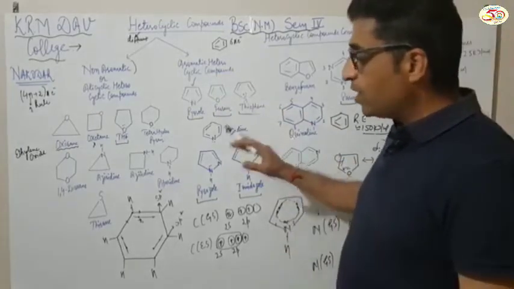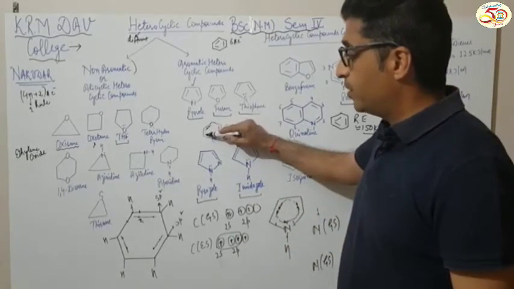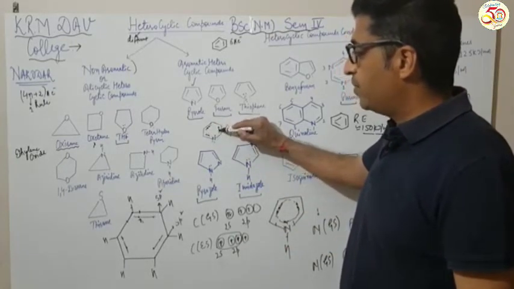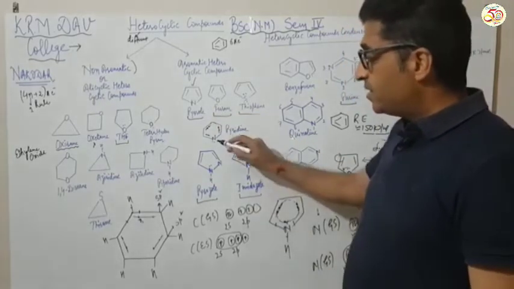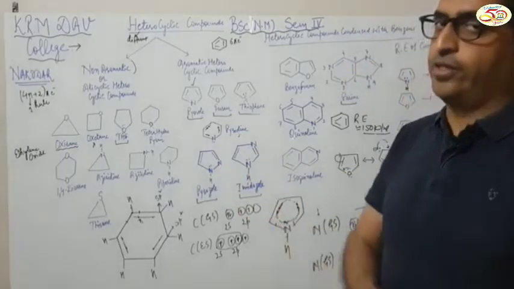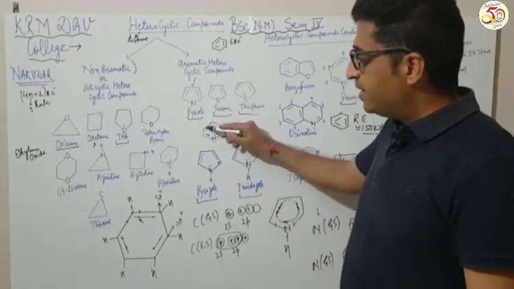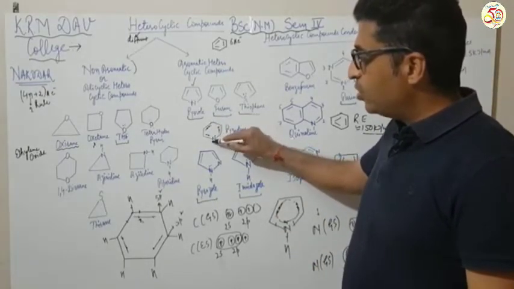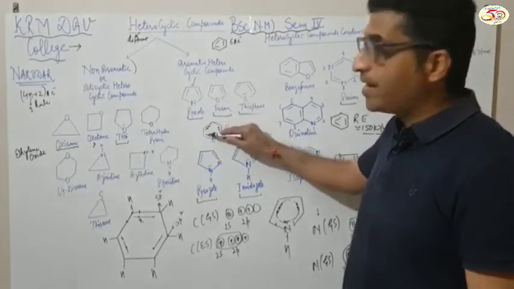Now students, we know that pyridine is an aromatic compound. So if you count the 6 pi electrons, because aromaticity is a characteristic feature of aromatic compounds, this is 6 pi electrons. Sorry, let me clarify this. These are 6 pi electrons and this lone pair of electrons is not participating in the pi cloud.